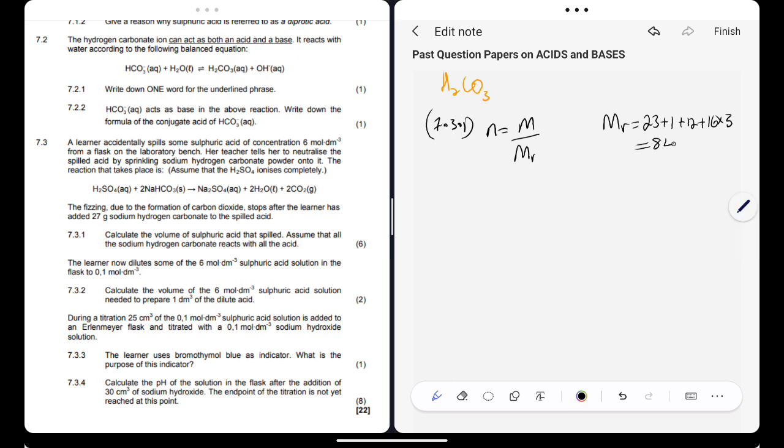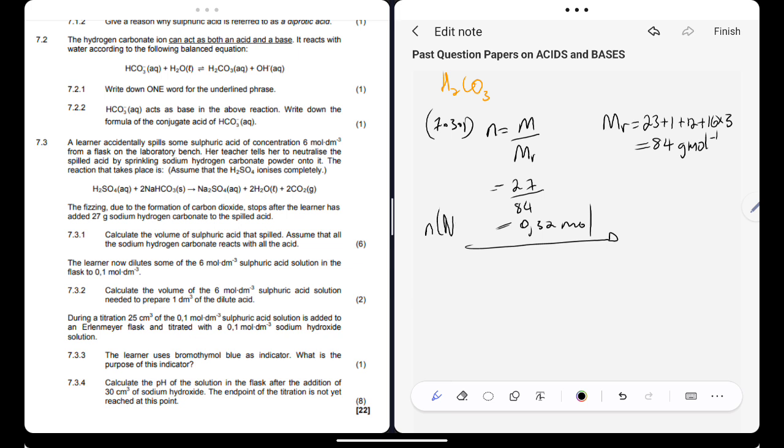In total, we'll have 84 grams per mole. So I'll say 27 divided by 84 grams per mole. I'll simply get 0.32 moles. So this is my number of moles of the base.